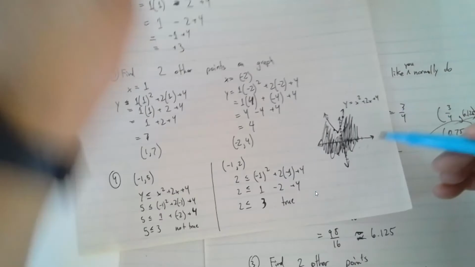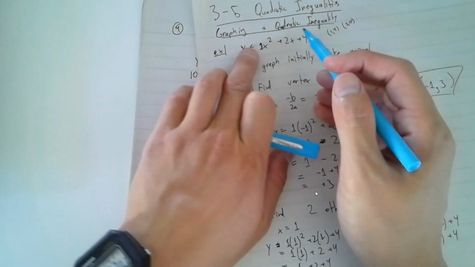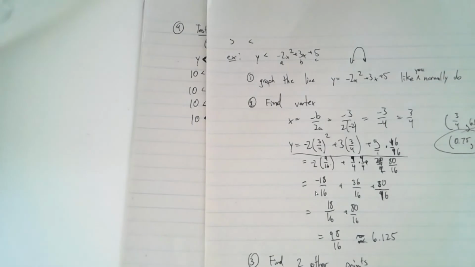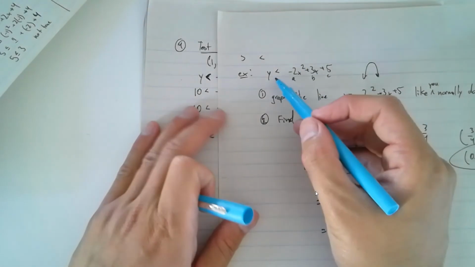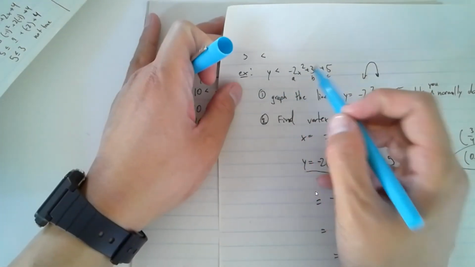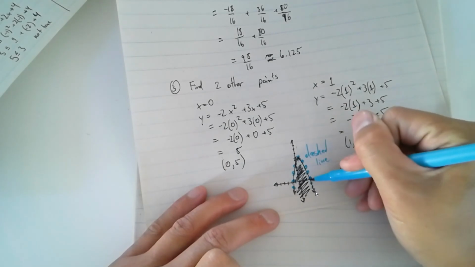So I asked for both the points on this line and the points that make this y is less than statement true. But here, what's different is I'm asking just for what points make this less than statement true. And it's not these points on this graph. That's why I dot it.